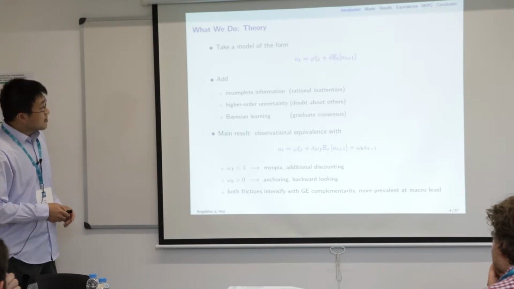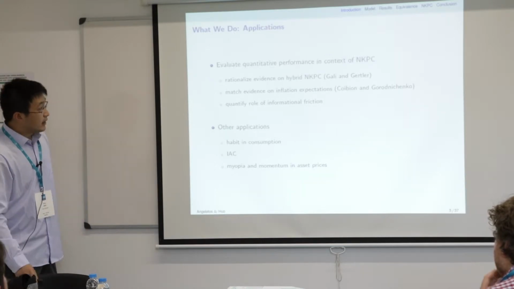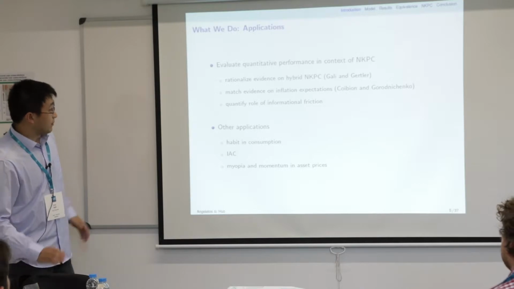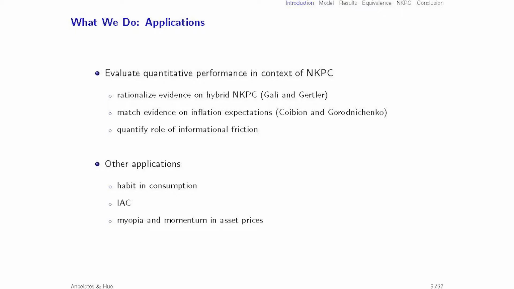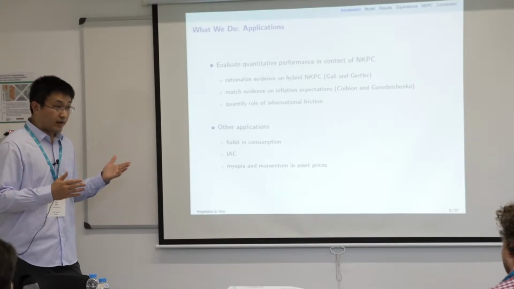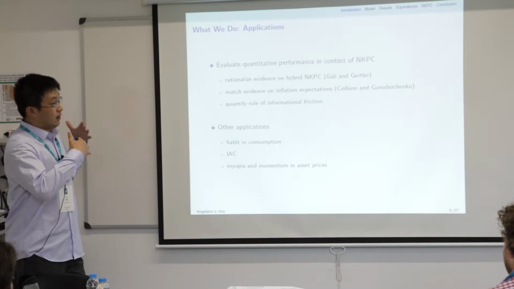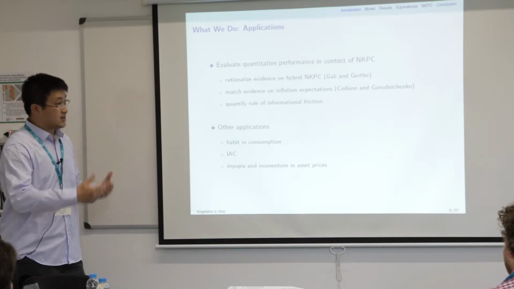So we bring this theory to a couple of applications. The main one is the New Keynesian curve application. What we do is build on this New Keynesian curve and add these elements, and we can rationalize evidence on the hybrid New Keynesian curve estimated by Galí and Gertler. This hybrid model they provide, our information story is going to provide those estimates.